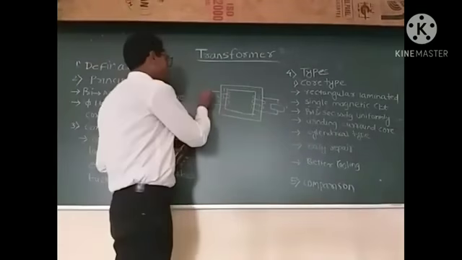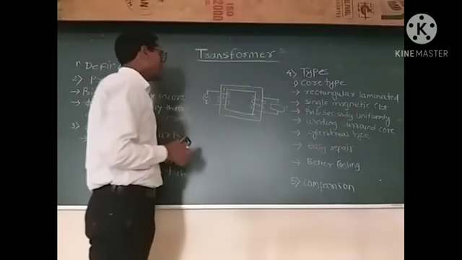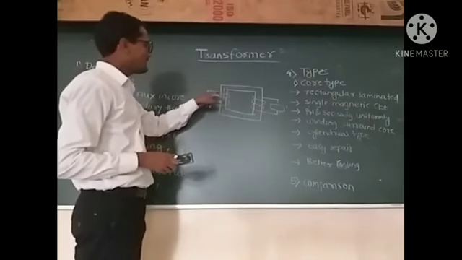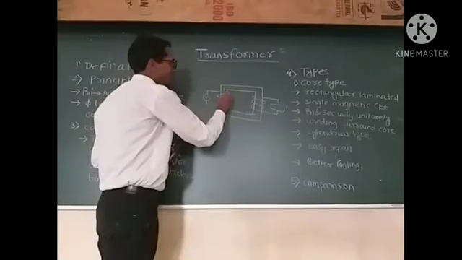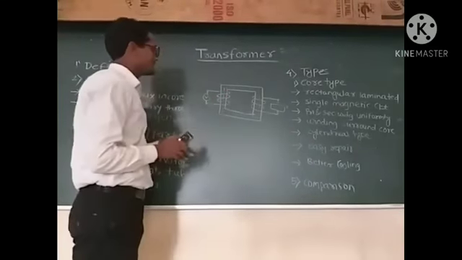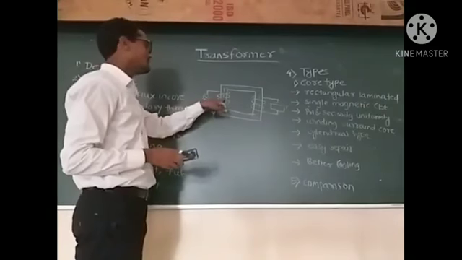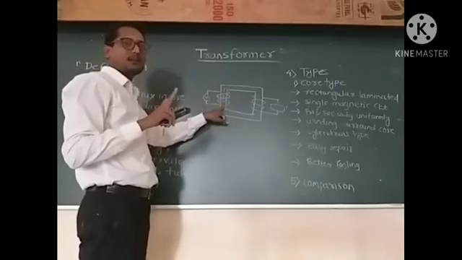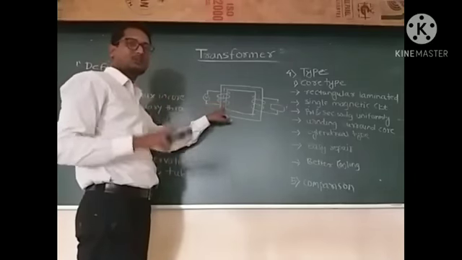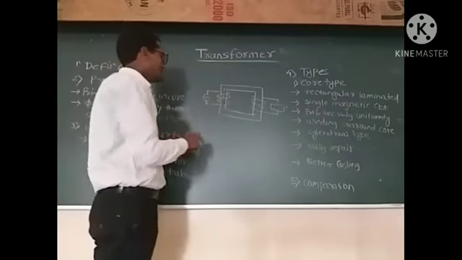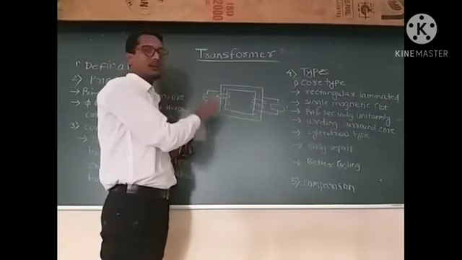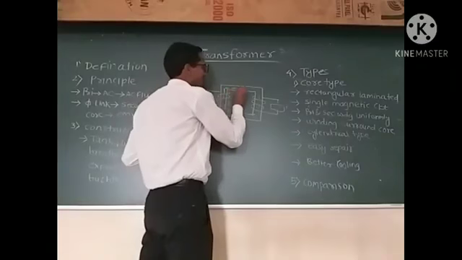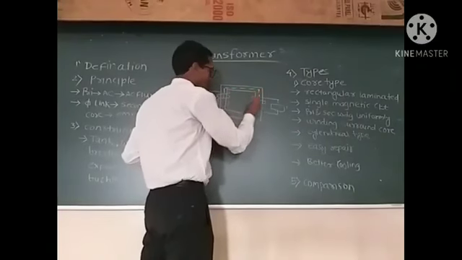If we give an electrical supply to the primary winding, the alternating current passes through the primary winding. If the alternating current passes through the primary winding, it produces magnetic flux. And if the current is alternating, then the produced magnetic flux is also alternating in nature. That means the primary winding produces alternating magnetic flux.